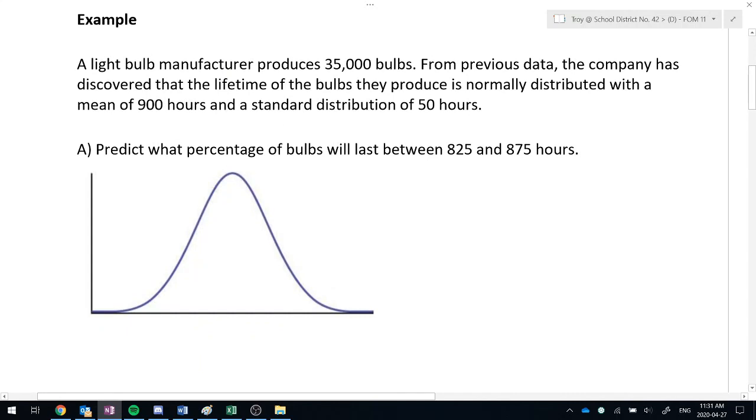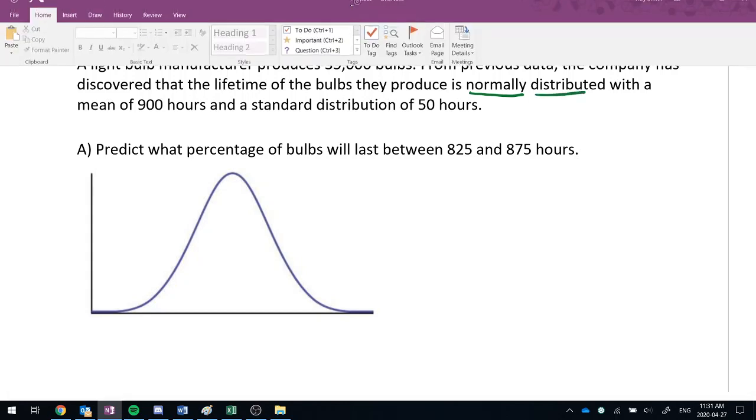First example, a light bulb manufacturer produces 35,000 bulbs. From previous data, the company has discovered that the lifetime of the bulbs they produce is normally distributed. Important.